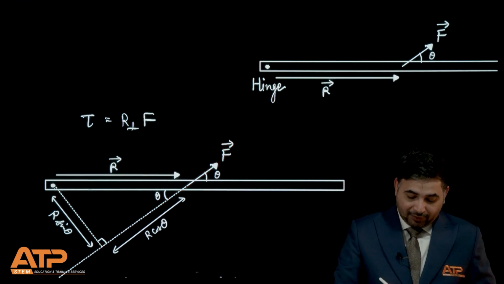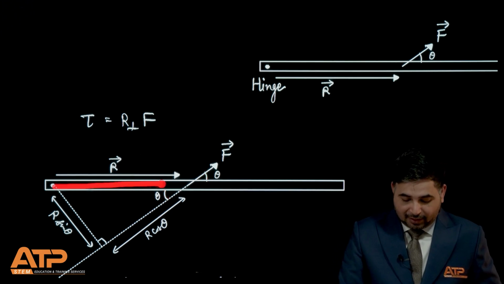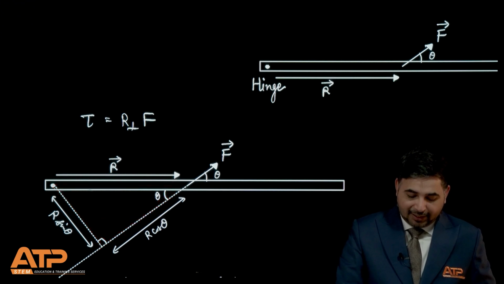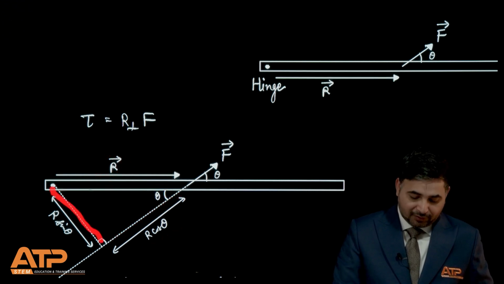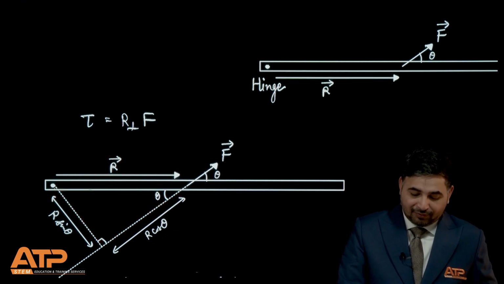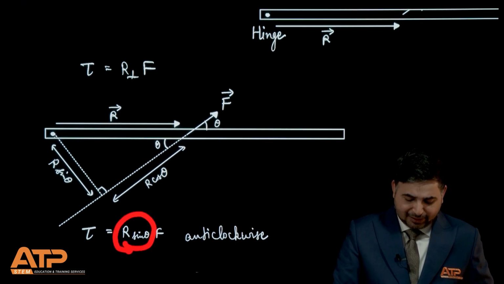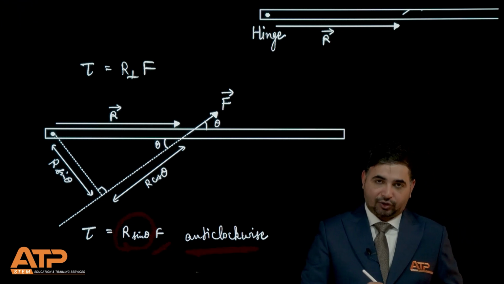If we do that, this angle is theta. This is R, so this is a right angle triangle with R as the hypotenuse. The adjacent component is R cos theta, the opposite one is R sin theta. So torque, R perpendicular into F, is simply R sin theta times F, anti-clockwise in direction.